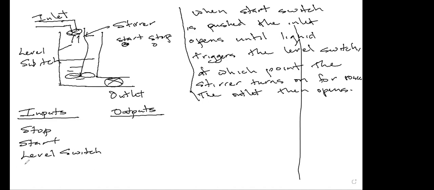I am also going to put the stirrer as an input, although it is an output, because in this particular case the stirrer triggers something else in the system. So we have 4 inputs, and my outputs are the things that are triggered. So it will be my inlet valve, my stirrer, and my outlet.